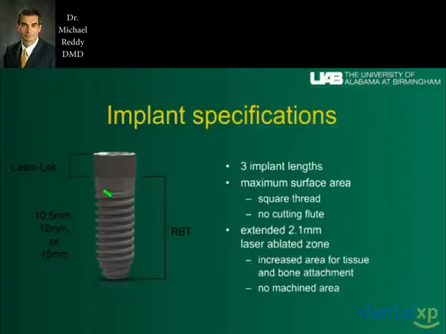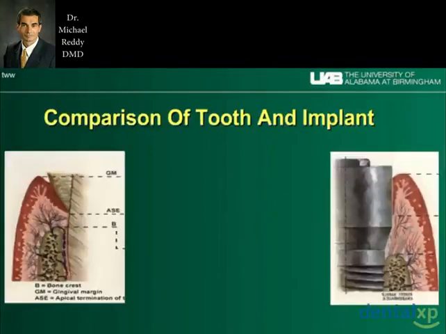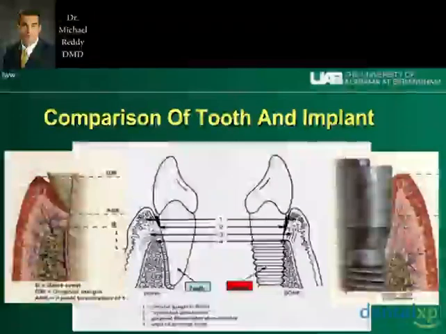And again, it's basically the same implant with the square threads and no cutting flute, so it has no machined area at all on this implant. So the advantage here may be if we compare the anatomy of a tooth to an implant. The difference is that on a tooth we have these connective tissue fibers that insert into the root, whereas on an implant, they kind of move around the surface of a machined surface but don't actually insert.